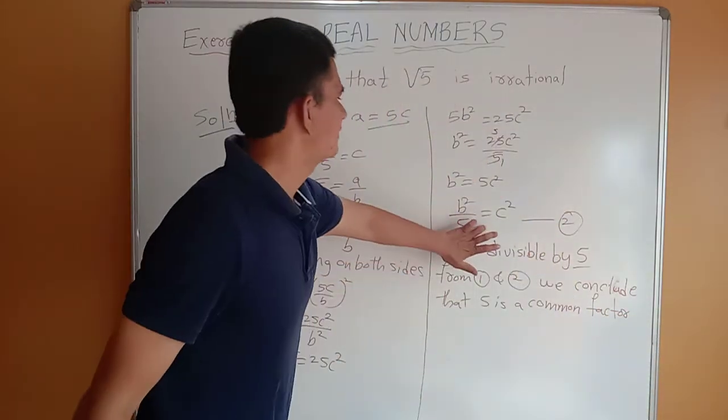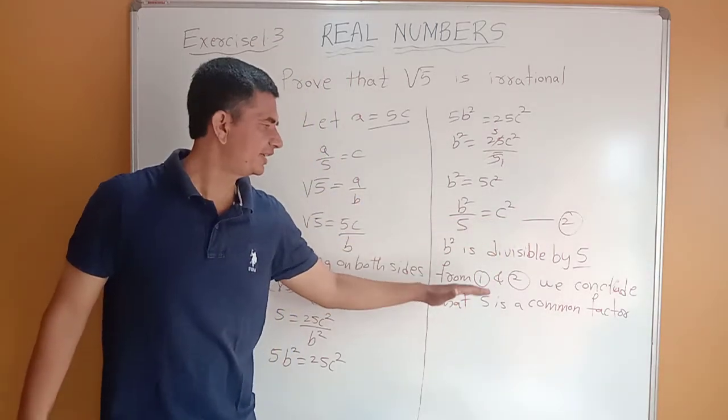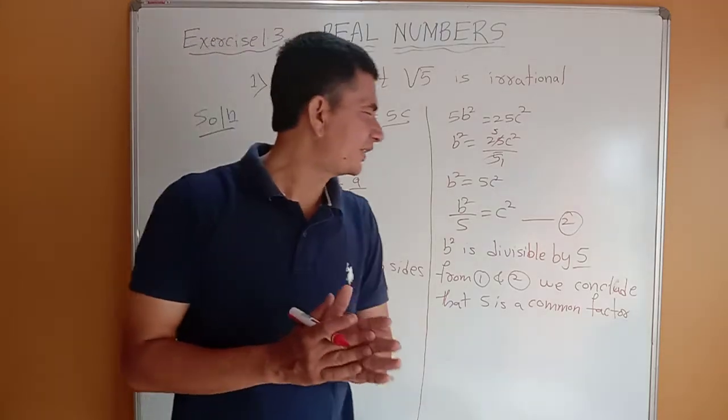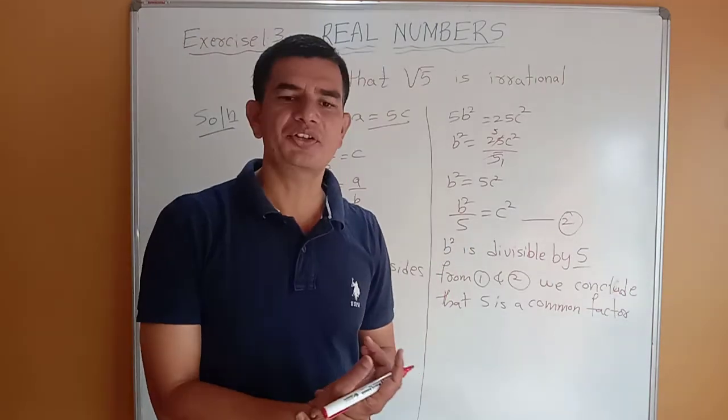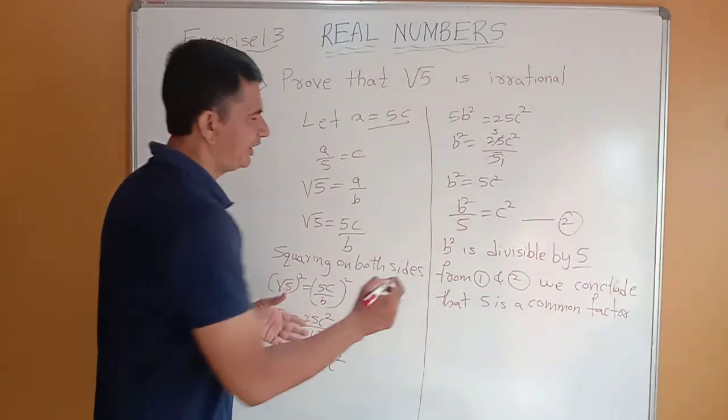Here, from this we got two statements. From the first and second statements, we can conclude that 5 is a common factor of both a and b.